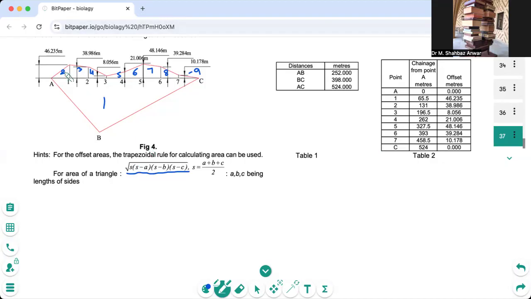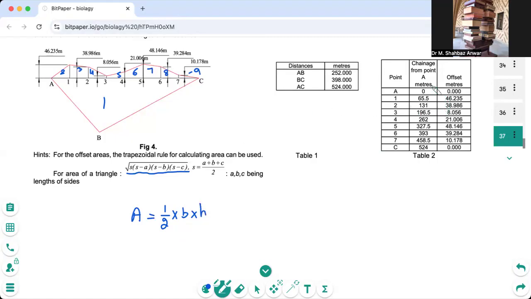For triangle number 2 and 9, both of them are right angle triangles, and we know that the area of a right angle triangle is given by 1/2 times base times height.